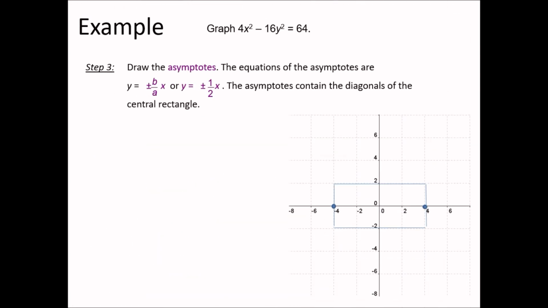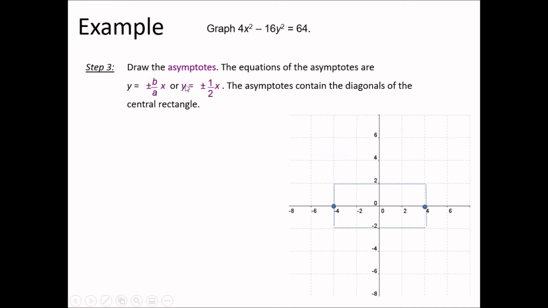Next is, draw the asymptotes. Asymptotes is, maglalagay lang tayo ng diagonal dito. Yan. Diagonals dyan. Pati diagonals dito. So, yung asymptotes natin is y is equal to positive or negative b over a x. Since yung b natin is 4, a natin is 8.